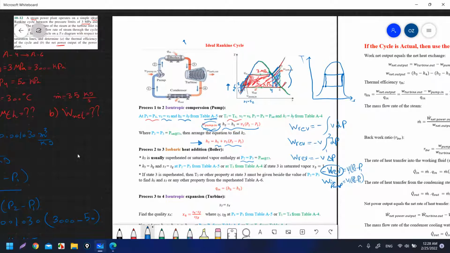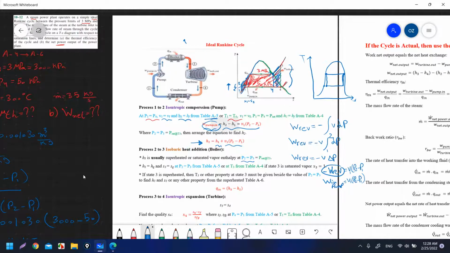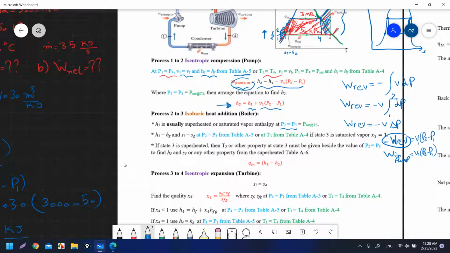Because sometimes they say Rankine cycle, and you will figure out after you solve that it is a mixture. It is not even superheated or saturated vapor, but the usual thing is superheated or saturated vapor. So we are predicting it is superheated. So let's see how we can find it. If it is saturated vapor, then H3 is equal to Hg, and you will find also S3 equal to Sg. Why entropy?